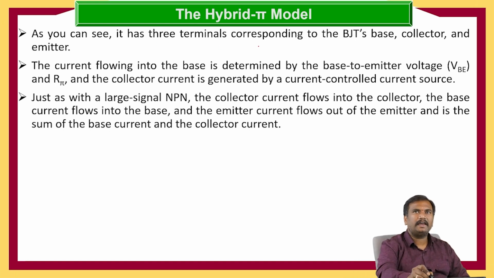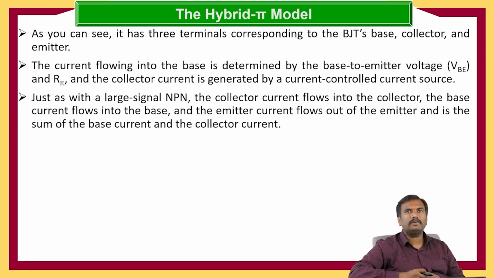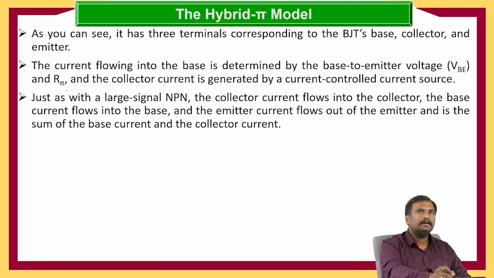As you can see, it has three terminals corresponding to the BJT's base, collector and emitter. The current flowing into the base is determined by the base to emitter voltage and R pi. The collector current is generated by a current controlled current source.